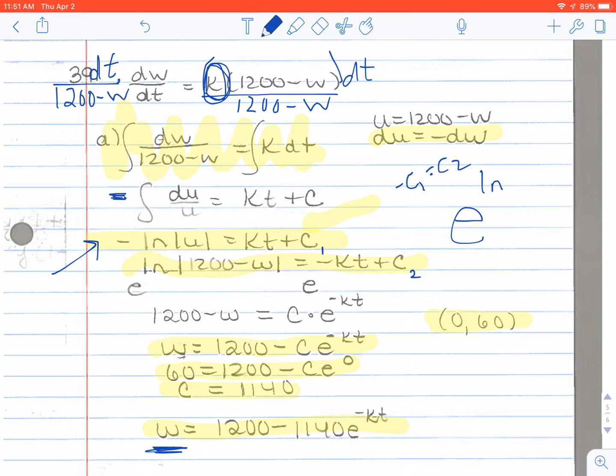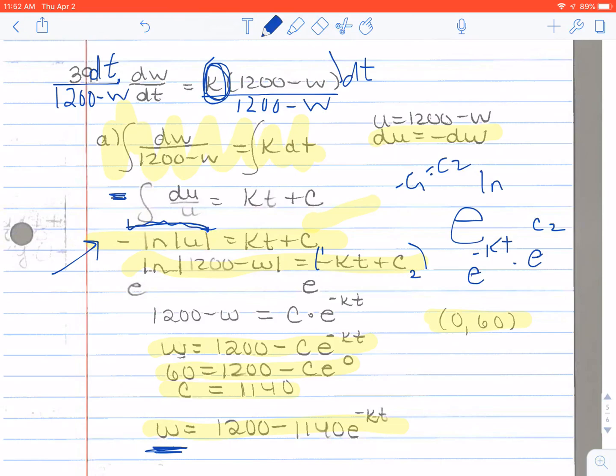I cannot exponentiate until the e and the ln are right next to each other, and I really don't want to use properties of logs on this one and make it an exponent, because then I'm going to deal with fractions. So instead, I'm just going to multiply the entire equation by negative 1. Then I can exponentiate both sides. Remember, this means e to the negative kt times e to the c.